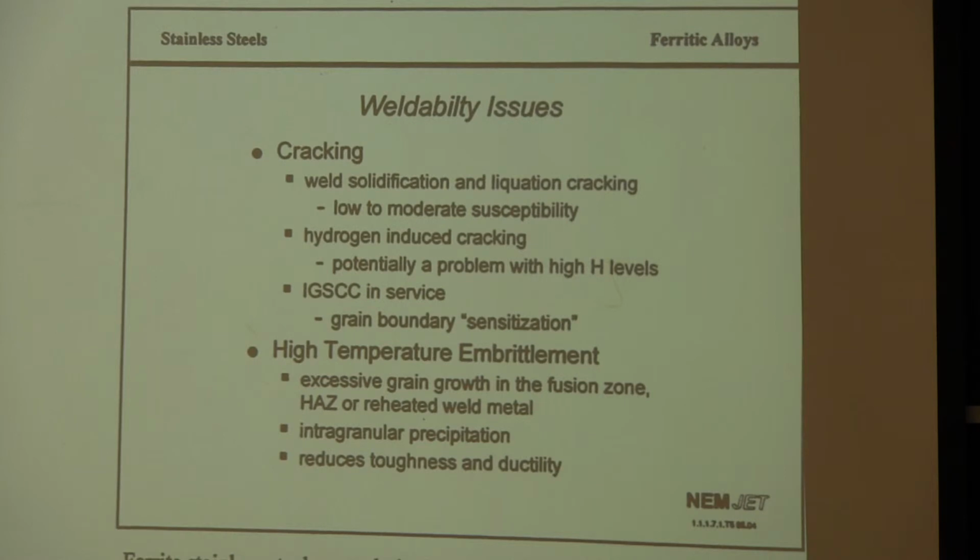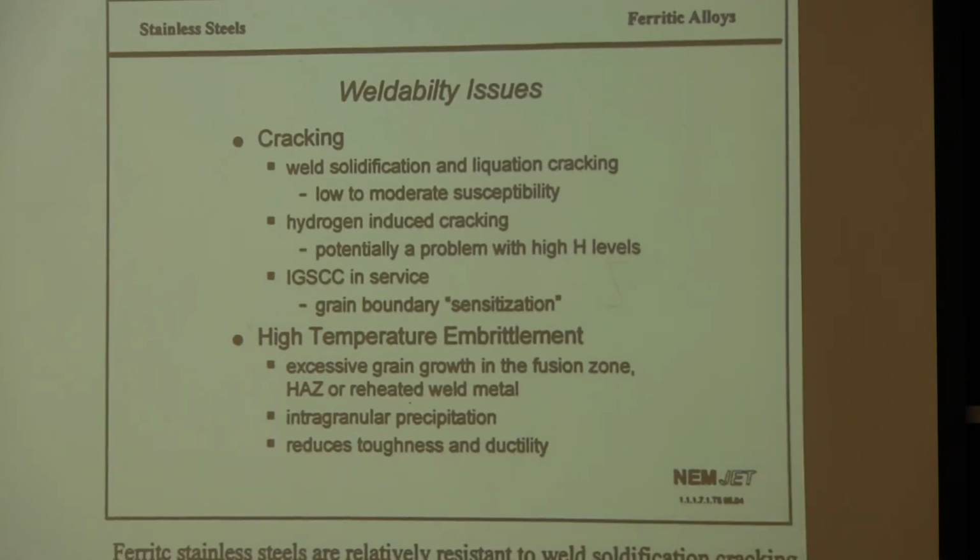It's not as big of a concern. But hydrogen-induced cracking can become a problem if you've got high hydrogen levels in the environment. And the intergranular stress corrosion cracking and grain boundary sensitization can also occur in ferritic alloys.